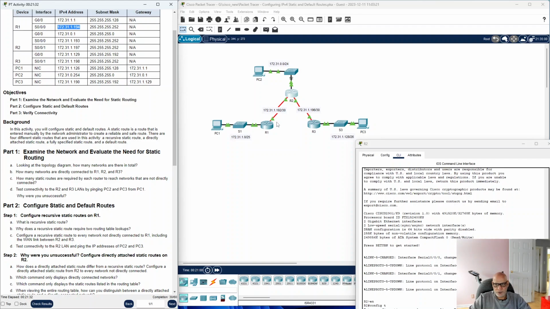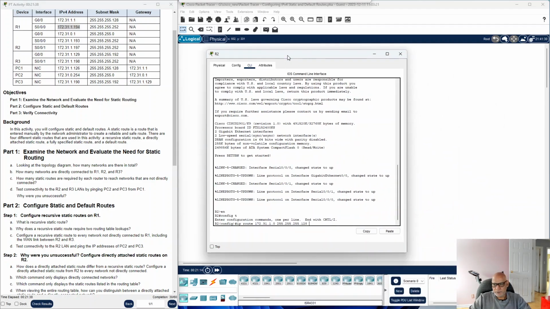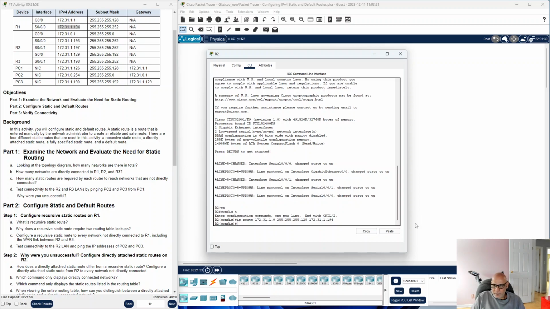So we have to specify the next hop IP address, which in this case is 194. So 172.31.1.0, next hop 194, and that's it.